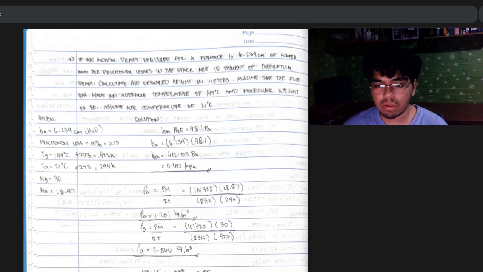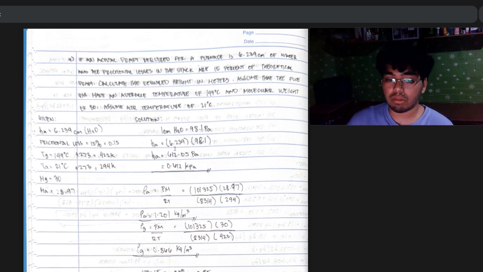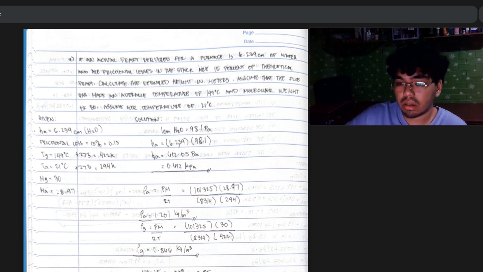For the solution, 1 centimeter of H2O is equivalent to 98.1 Pa. Convert it. Multiply 6.239 times 98.1, so we get 612.05 Pascal, which converted to kilopascal is 0.612 kilopascal.